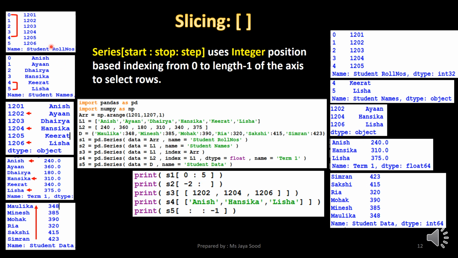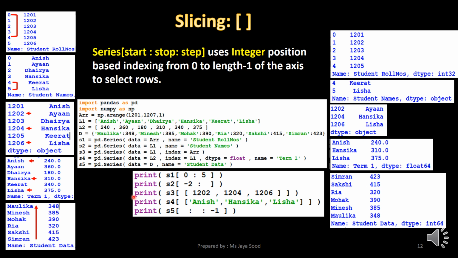It will display all the rows from the index 0 to the index 4 as shown here in the output. The next statement, print S2[-2:], will start the selection from the second last row and will select all the rows till the end of the series. So it will display the last two rows from the series S2.